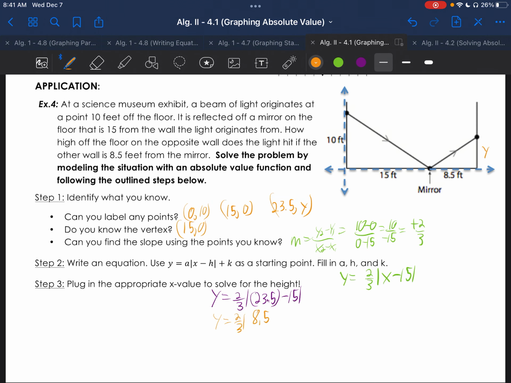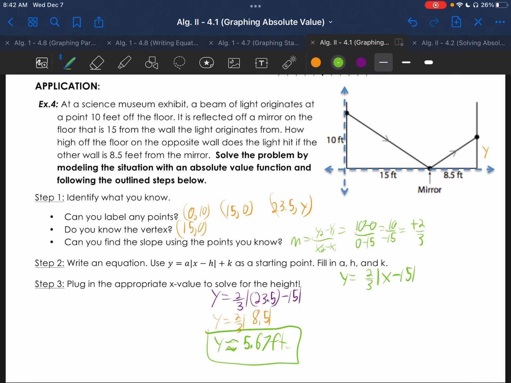So we say, okay, y equals 2/3 times the absolute value of 8.5. Then we say, okay, well, the absolute value of 8.5 is 8.5. So we do 2/3 times that, and we get y to be approximately, and let's go to the nearest hundredth, so that's 2 decimal places, 5.67 feet. So how high up the wall does it reflect? 5.67 feet.